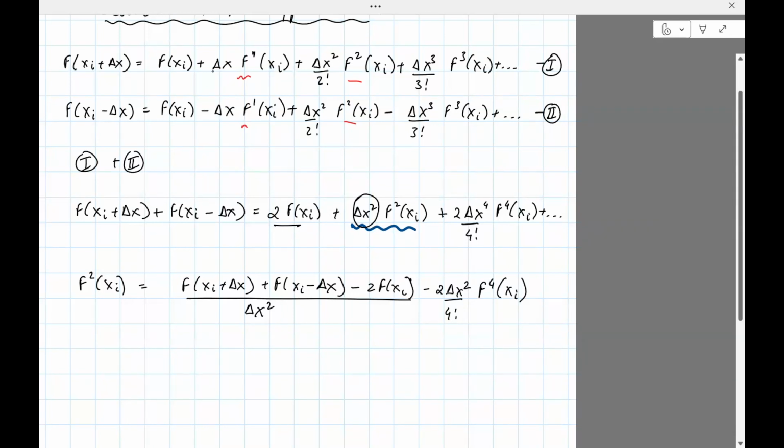Now, if I assume that terms involving delta x squared and above are small enough that I can ignore them, we'll assume that these terms and additions are negligible. This is where the approximation comes in, so we can ignore them.